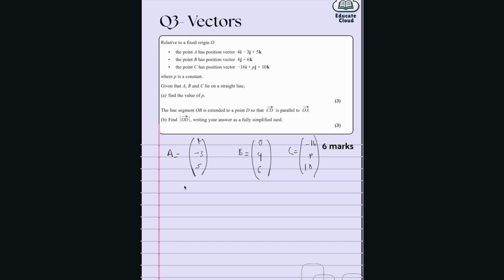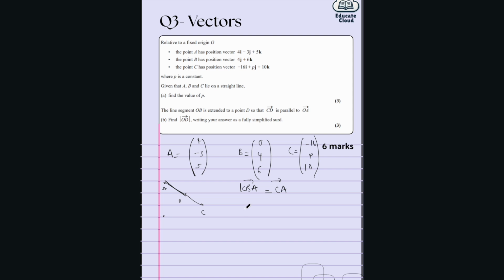So we know that if we would like to draw A, B and C from a point O, because we know it lies on a straight line, CA will be a scalar multiple of AB. So we can say that k lots of BA is equal to CA.